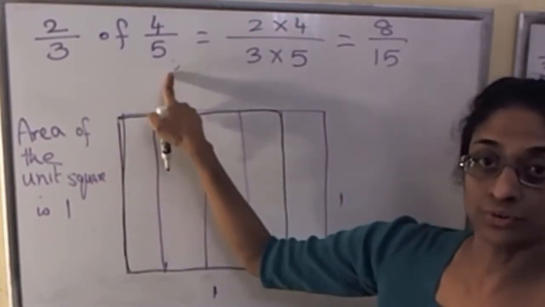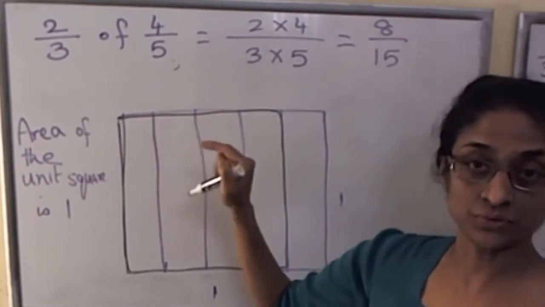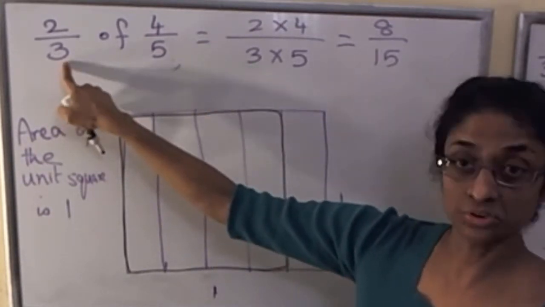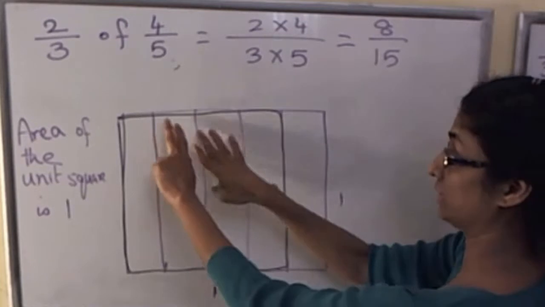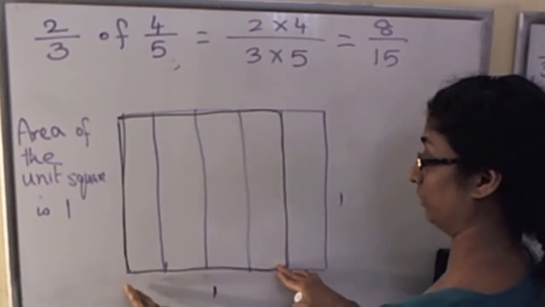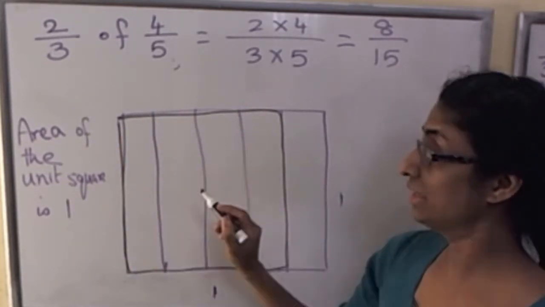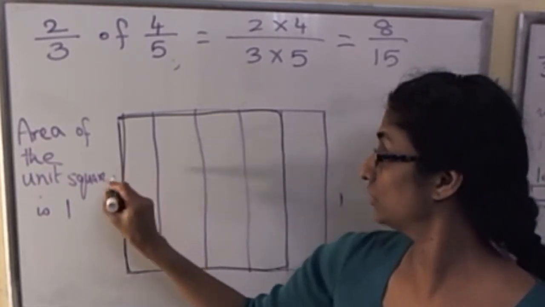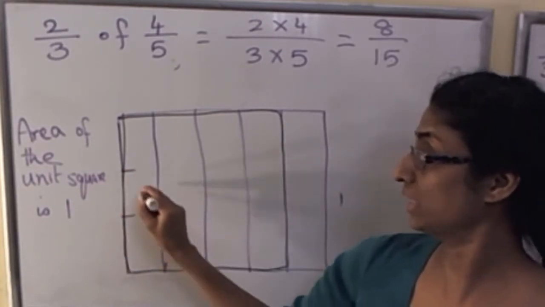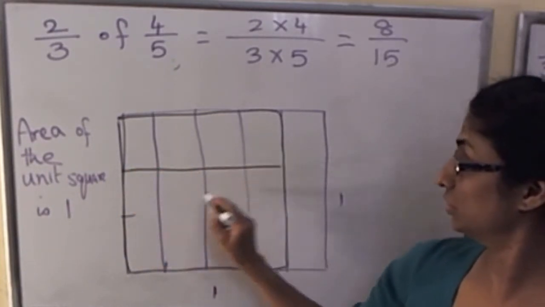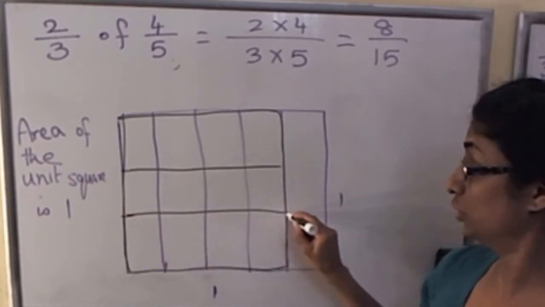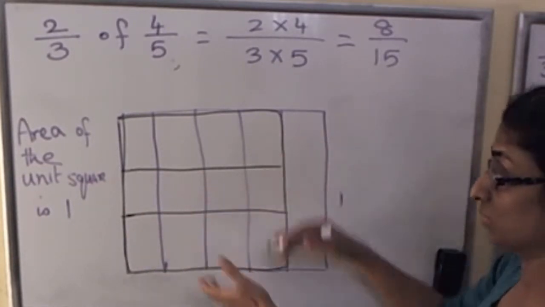2/3 of 4/5 is understood as the following. This 3 in the denominator denotes: now let's look at this rectangle, and let's divide it into 3 equal parts by area. So we could do the division in this manner. We could do the partitioning in this manner approximately.